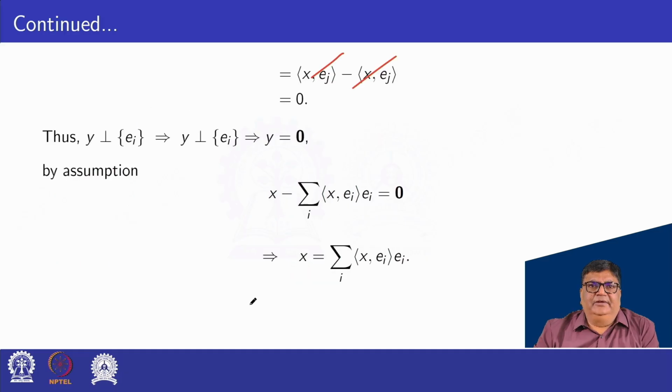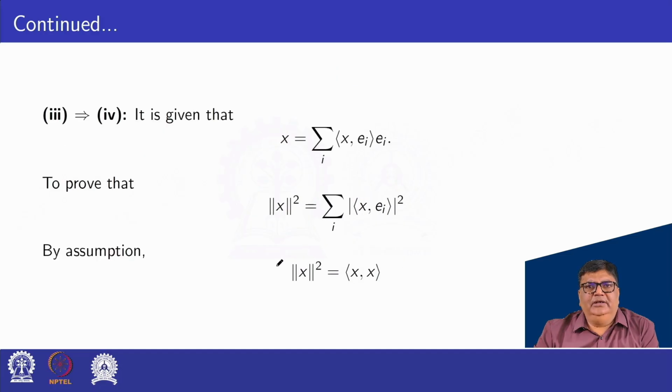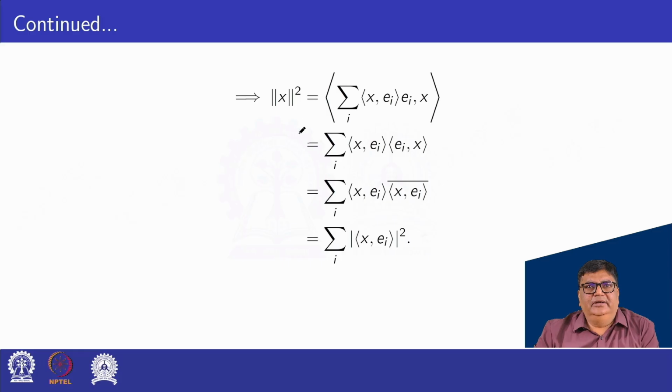By assumption, here x is equal to this. Okay, we know that norm of x square is equal to the inner product of x and x. Okay, so x is this. So we can write norm x square is equal to the inner product of the summation over I of the inner product of x and ei into ei, and x.